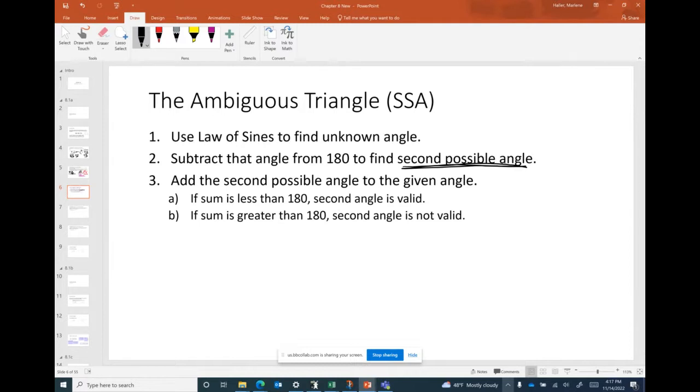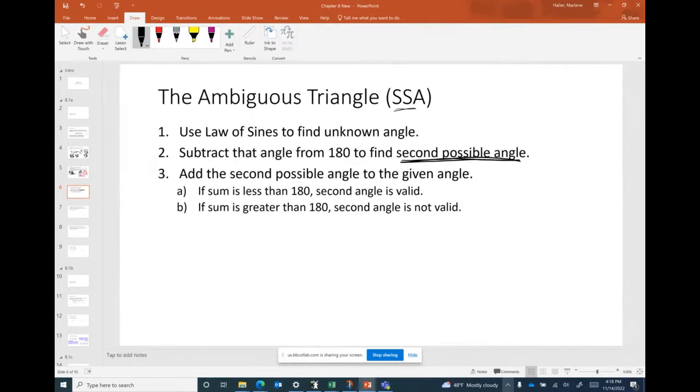So that's a procedure that you can follow to determine if you are dealing with a second triangle or not. And all triangles where you've got two sides and an angle that's not in between those two sides, a side-side-angle triangle, are called ambiguous triangles because there's always going to be a possible second triangle that you have to test for.